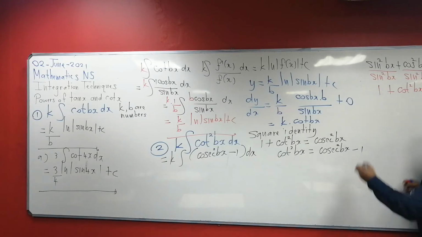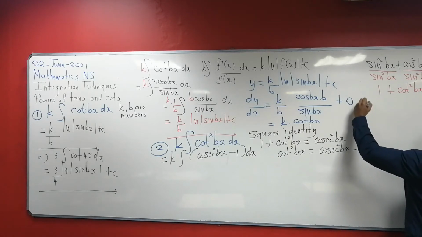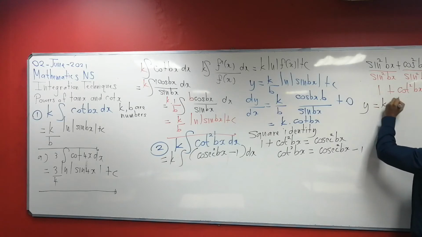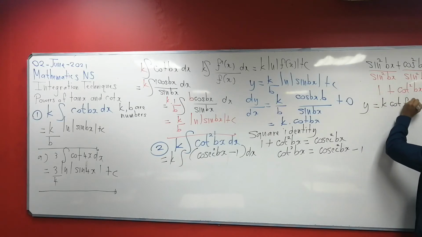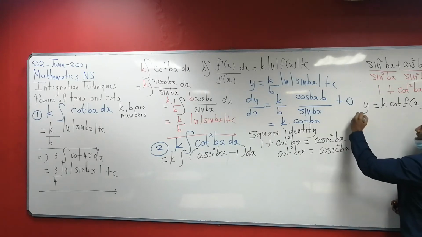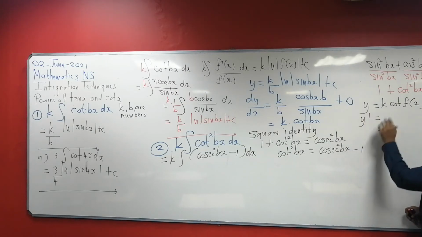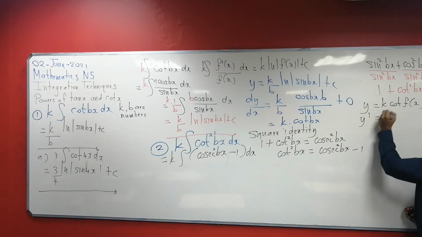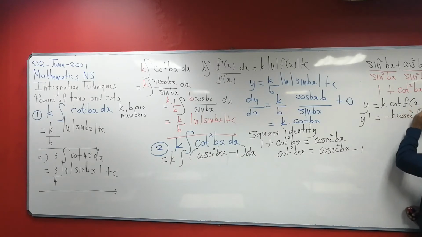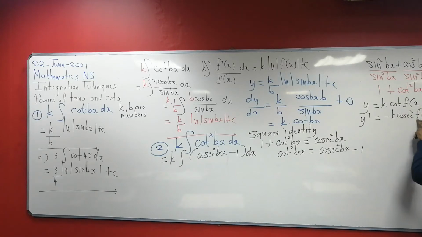Now remember from differentiation, if y is equal to k cot of f of x, the derivative of cot is negative cosec squared f of x times the derivative of f of x, which is f prime x.